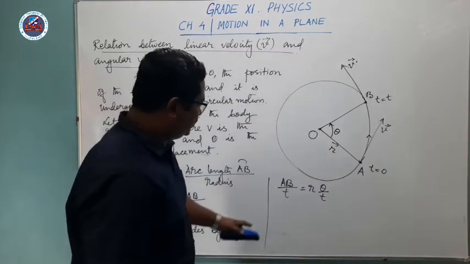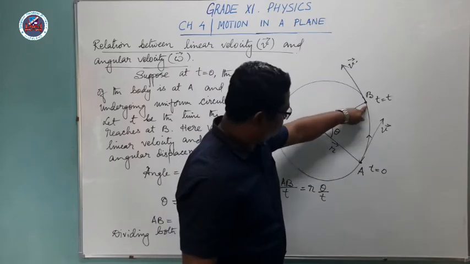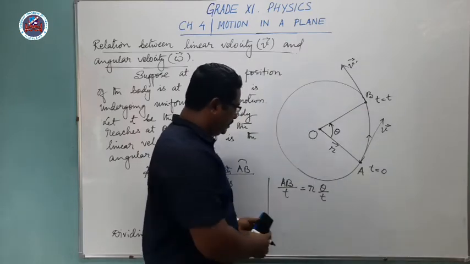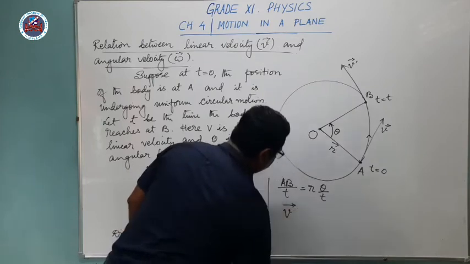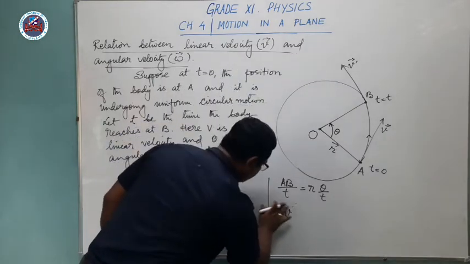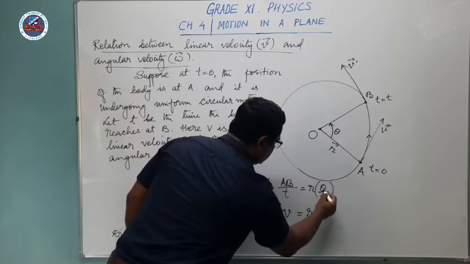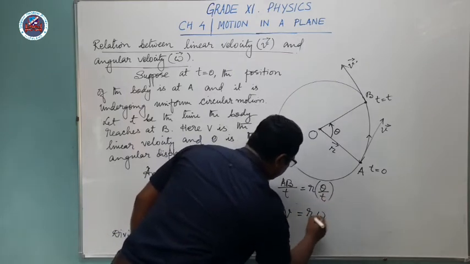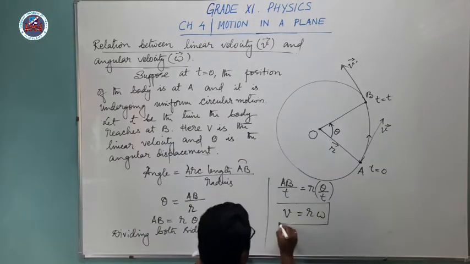Here you can see that AB is the actual path traveled by the body, so distance divided by time, or displacement by time, is our linear velocity v. First we write it in scalar form: r times angular displacement per unit time, which is angular velocity omega. This is our relation: v is equal to r omega.